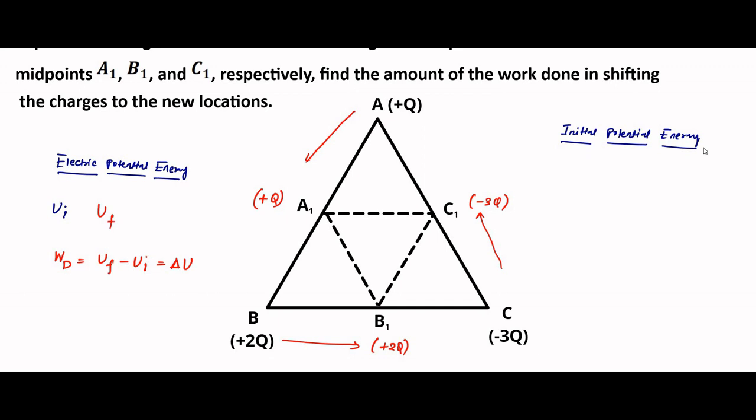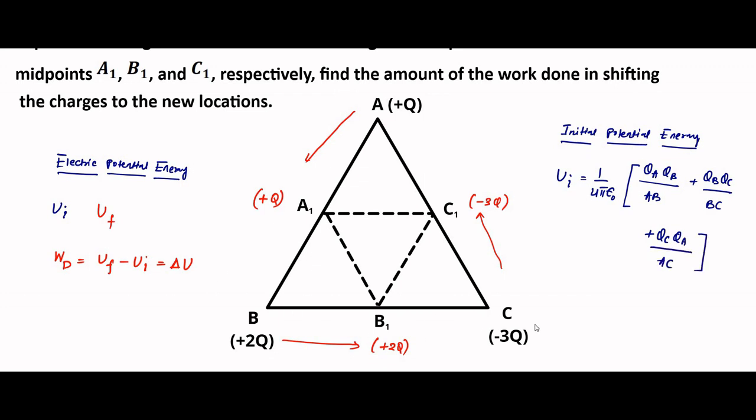The electric potential energy of a multi-charge system, here for this three-charge system with plus q, plus 2q and minus 3q at points A, B and C, is given by 1 by 4 pi epsilon 0 times qA qB by AB plus qB qC by BC plus qC qA by AC, where the denominator is the separation, the shortest distance between the two charges.